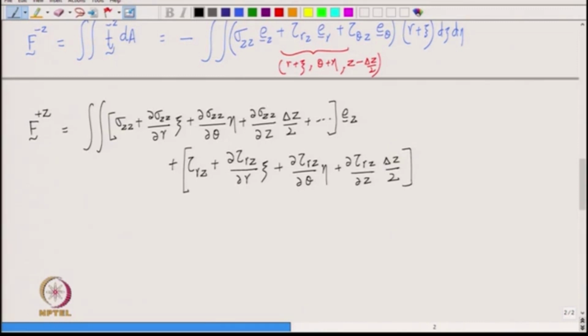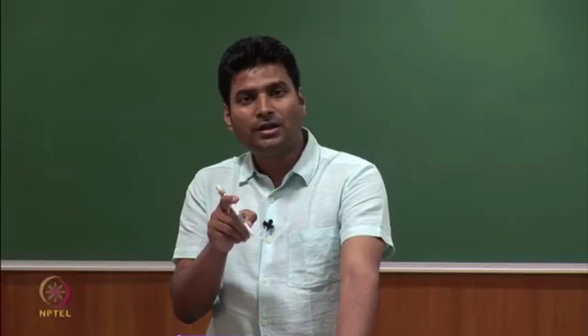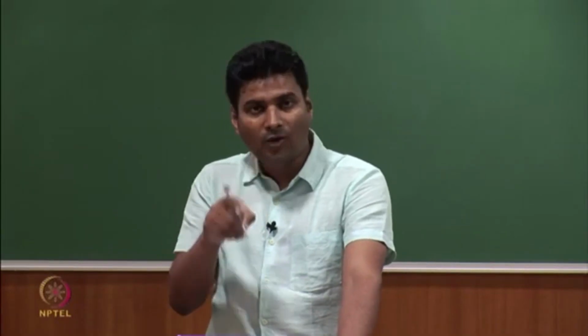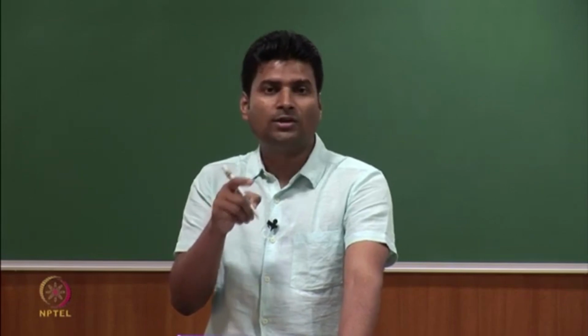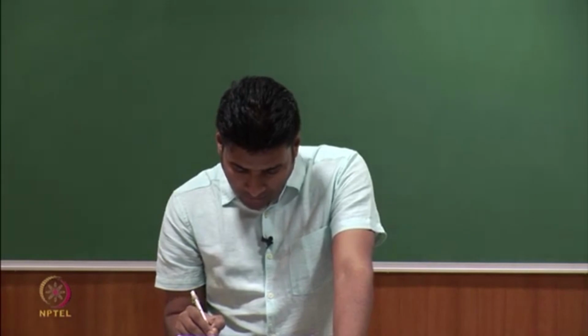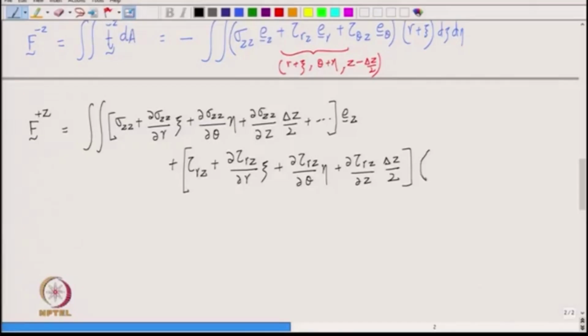Now, you see E r is also varying from point to point, but we know that E r only changes when theta changes, it does not change if your r coordinate changes or z coordinate changes. So, when you do the Taylor's expansion of E r, that is going to be E r at the center of the element plus del E r by del r, right.